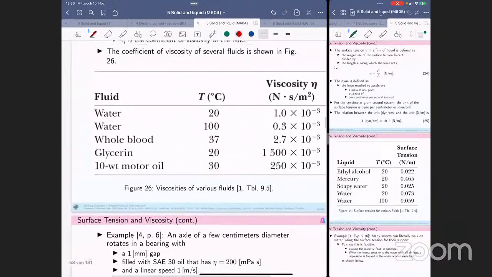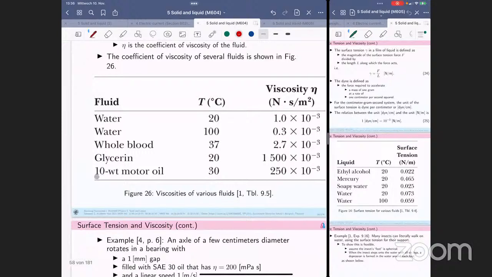All right. And the last one is 10WT motor oil. If you have ever noticed, the oil that is used to lubricate several components or parts inside the engine has to have some amount of viscosity.